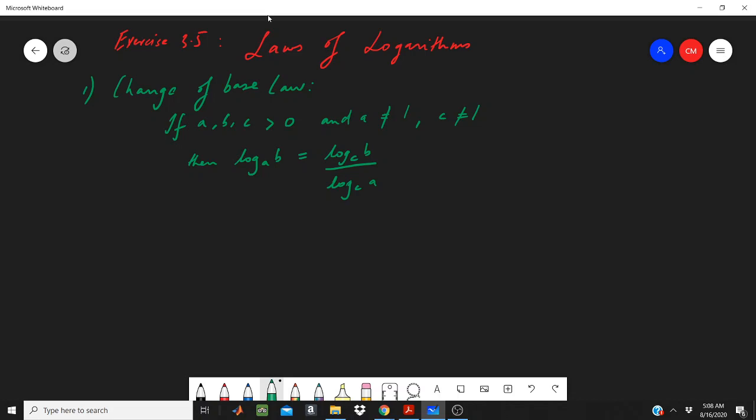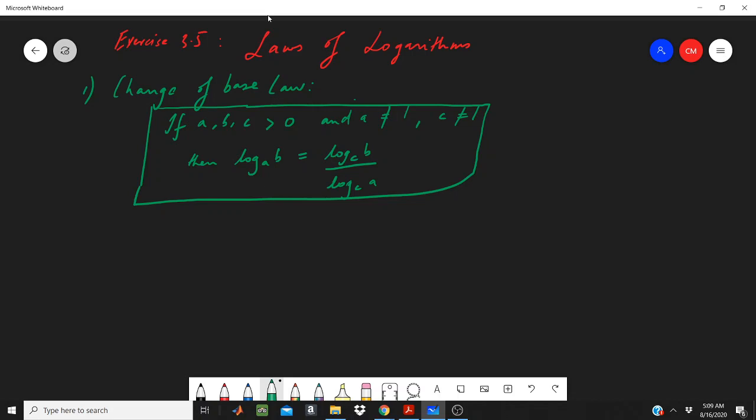So if a, b, and c are all positive, and your bases a and c are not equal to 1, then log_a b equals log_c b divided by log_c a.